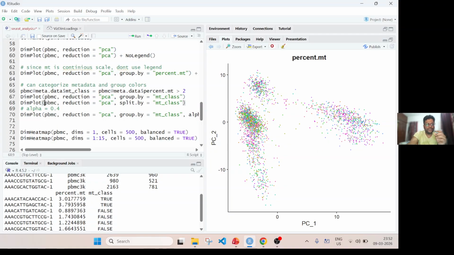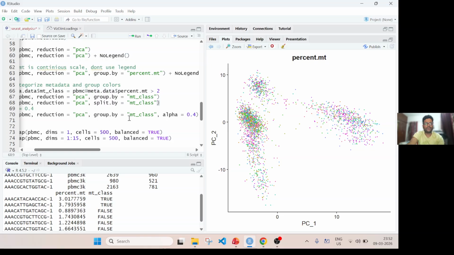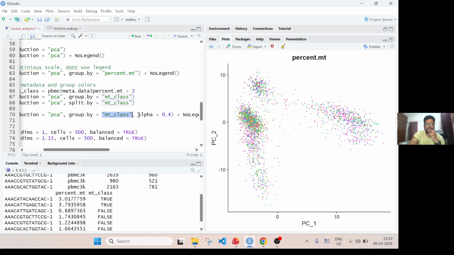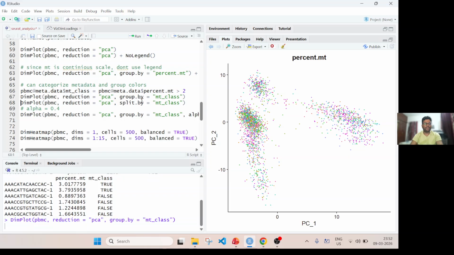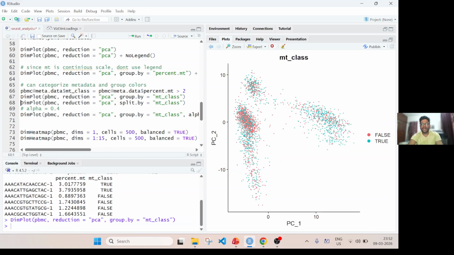So I can now use this PCA plot and color the cells with respect to the different categories. I just have to call the mitochondrial class, which I'm giving here. Now if I do this, you will see that my PCA is colored by true and false, where true means high mitochondrial content and the red ones are low mitochondrial content.